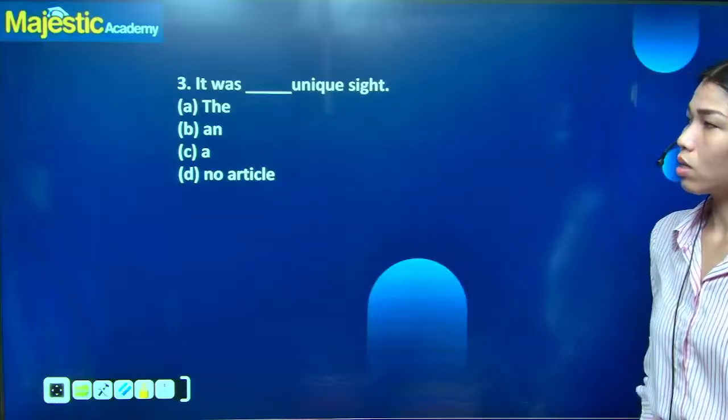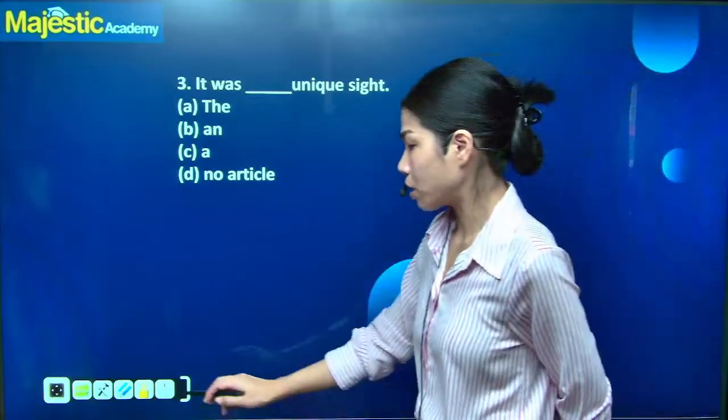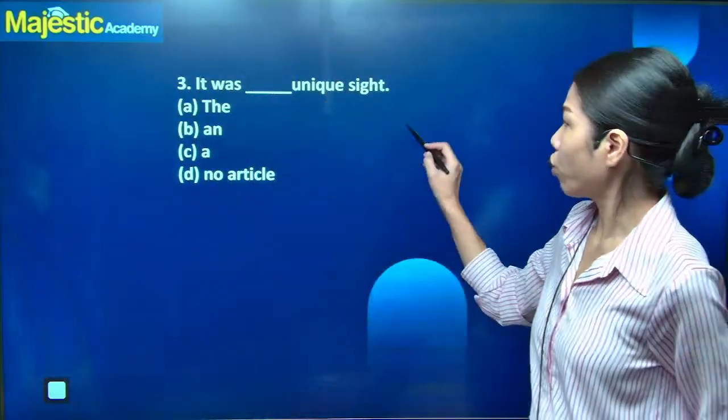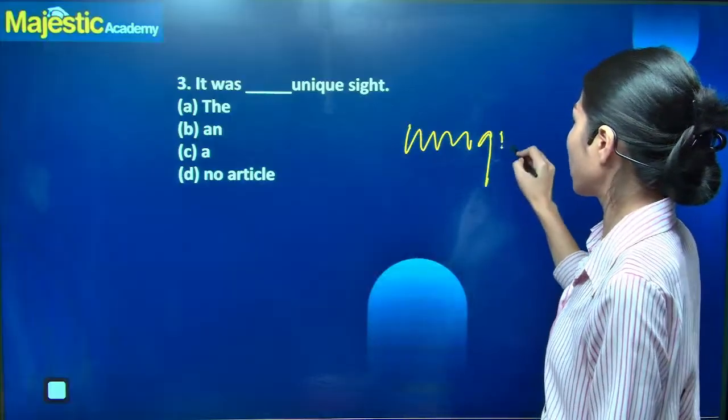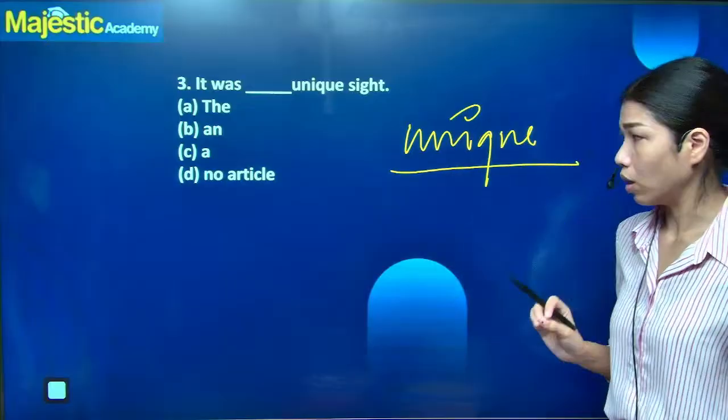Question number 3 says, it was dash unique site. Again we have to deal with this question using articles. If we see the word unique, as I said, we have to go by the pronunciation, not by the spelling.